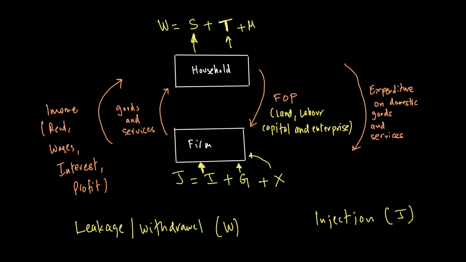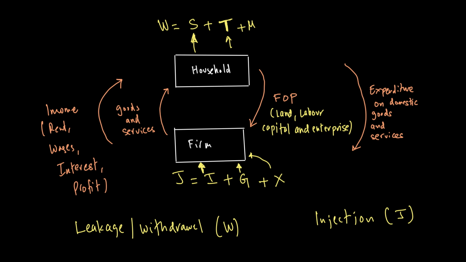Now we can say that there might be indirect links between the injections and withdrawals, because if you look at it, the more savings you do through the financial institutions, that money can come back to the economy in terms of investment, because the banks will have more funds available to give as loans for investment. Similarly, if tax receipts are higher, then the government may be keener to increase its expenditure.